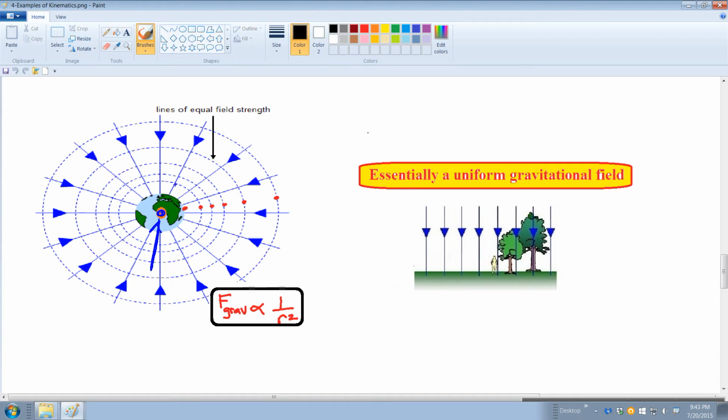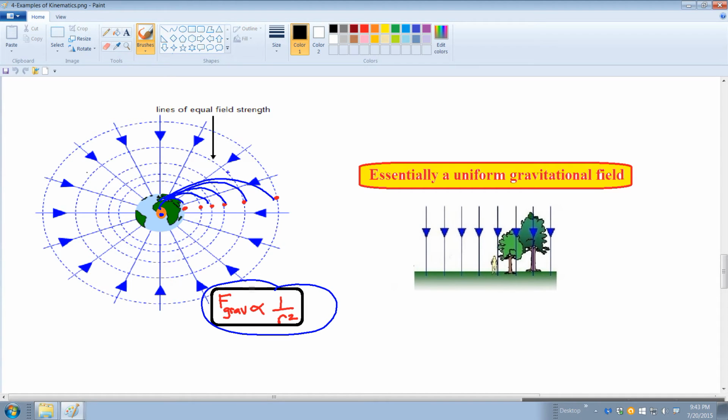The gravitational attraction between the two centers of mass of two objects like the Earth and this red dot here is inversely proportional to the square of the distance, which is r. As you can see, gravitational force drops off fairly dramatically as the distance between two objects gets larger and larger from each other.